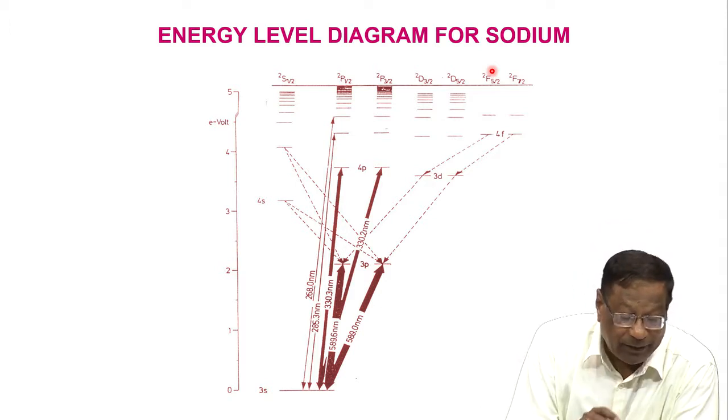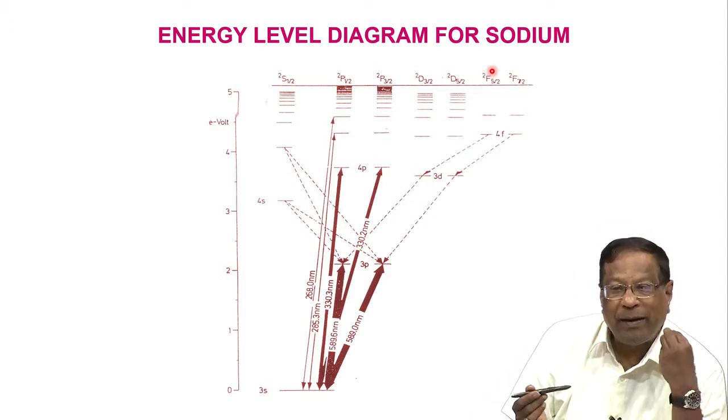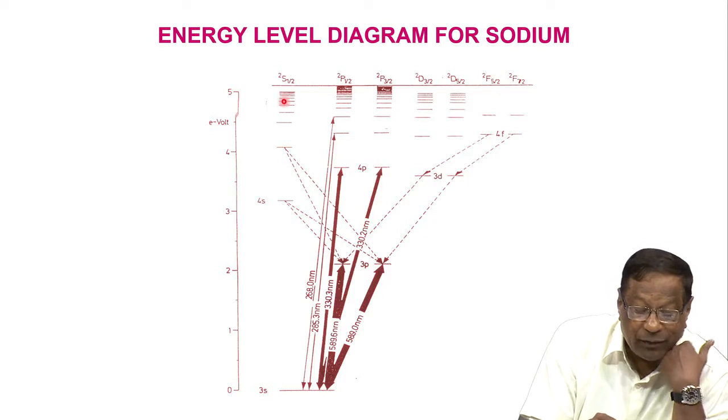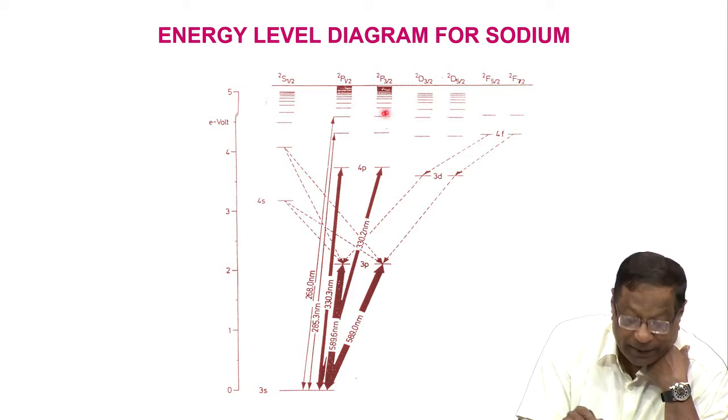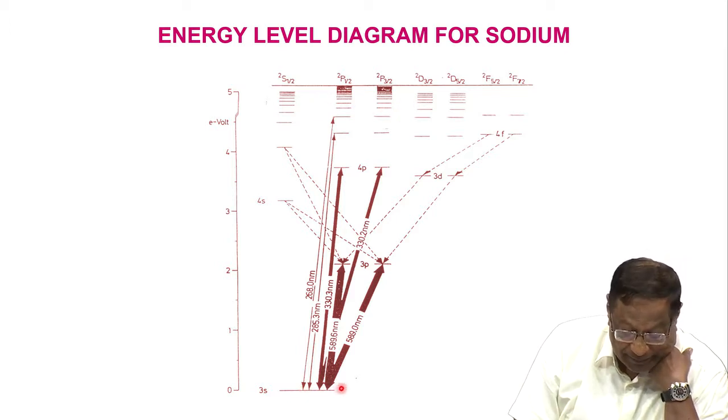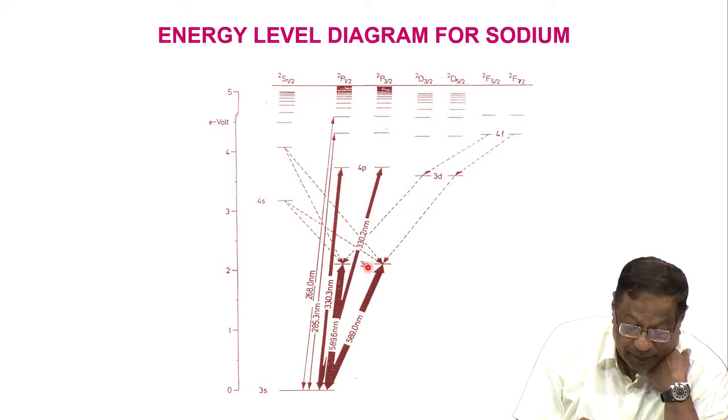So, if I take a sodium atom and excite it, I will get frequency lines corresponding to these energy levels. I have shown different parallel lines here, and 3s is the ground state. From 3s it goes up to 3p. Here I am showing you 3p.